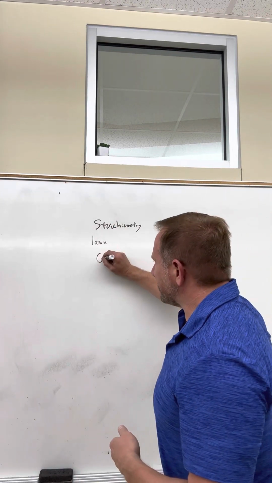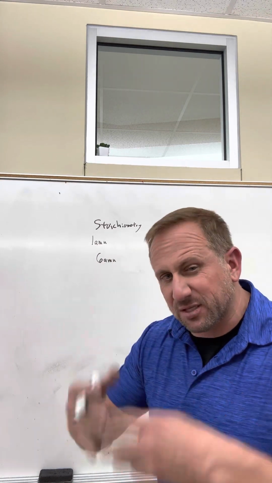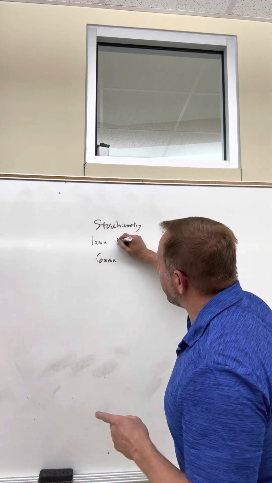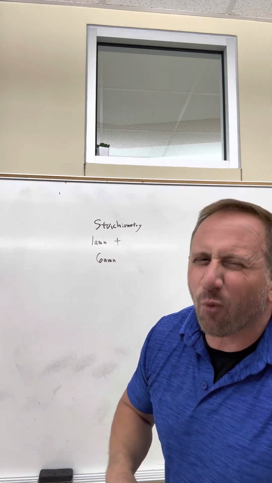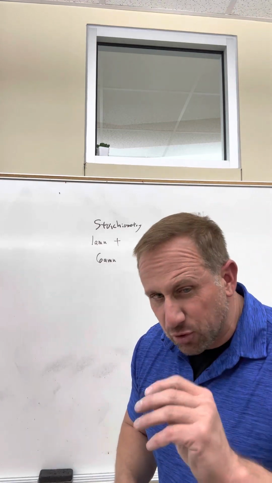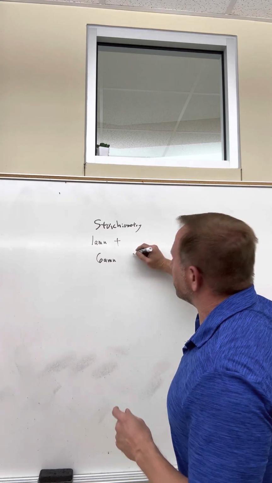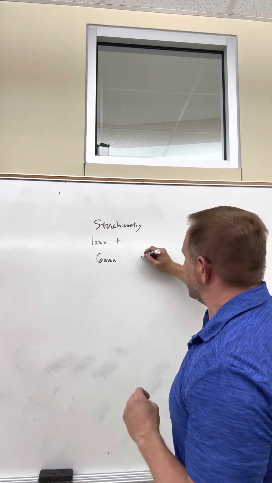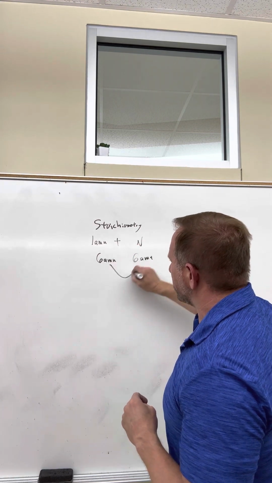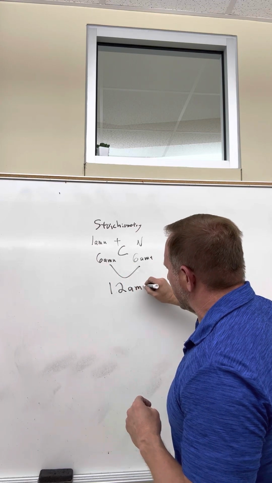We would say it has 6 AMUs for its atomic number, but 1 AMU for a proton, it's about 1 AMU for a neutron. So we would say it has 6 AMUs from the protons, and then on average, it will have 6 AMUs for its neutrons. So we'd say that carbon has a mass number of 12 AMUs.